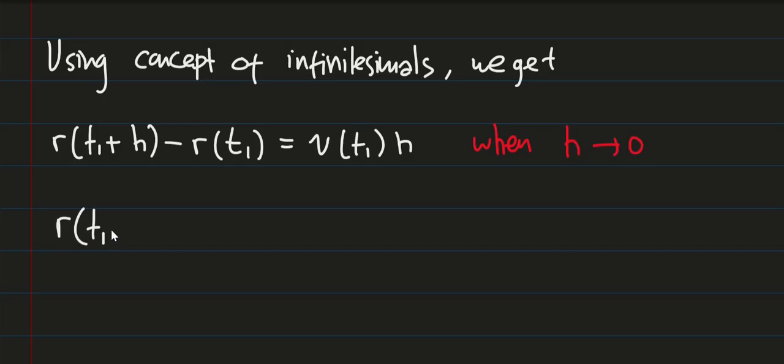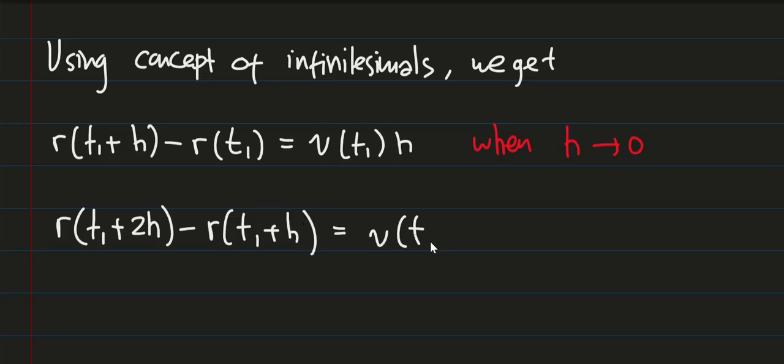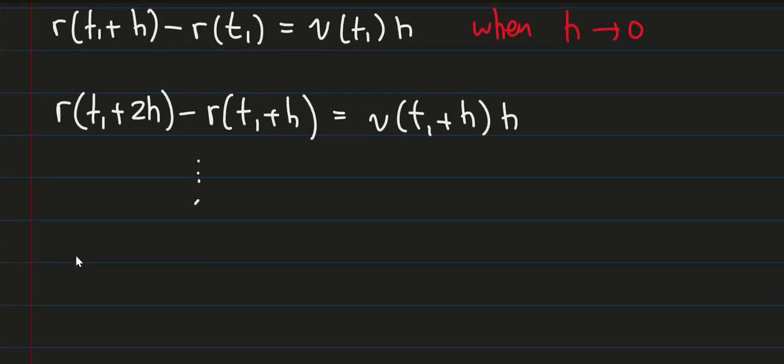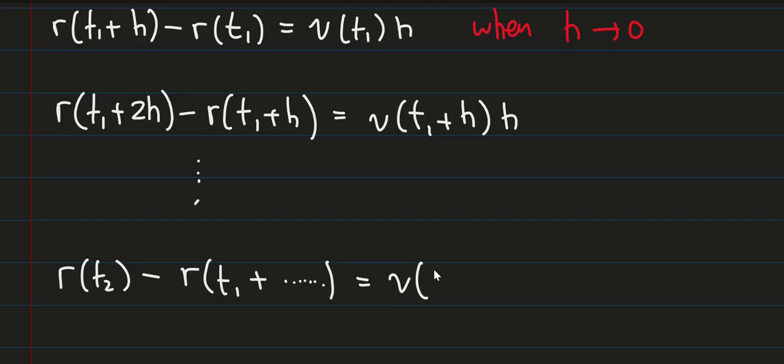Next, we add h again, which is now r(t1 plus 2h) minus r(t1 plus h), equal to velocity v(t1 plus h) multiplied by h, and so on, until we get r(t2) as the final position minus r(t1 plus something related by h), equal to velocity v(t1 plus something related by h) multiplied by h as before.